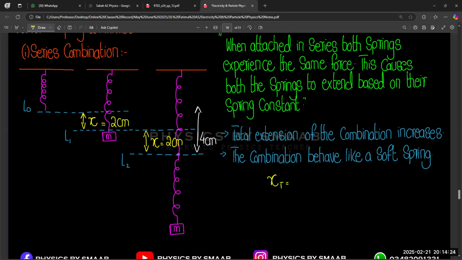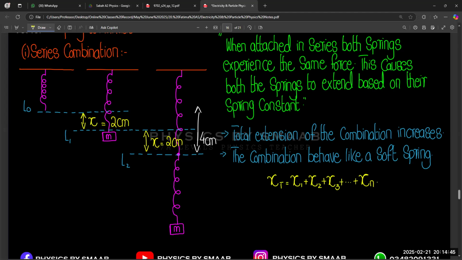And let's suppose if we have multiple springs connected in series, so all extensions will be added up like this, right?